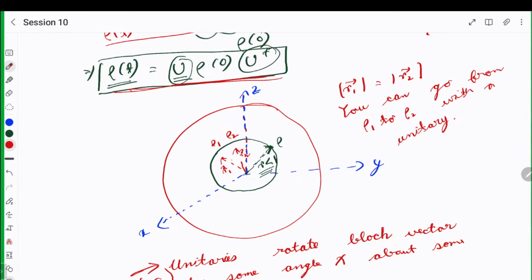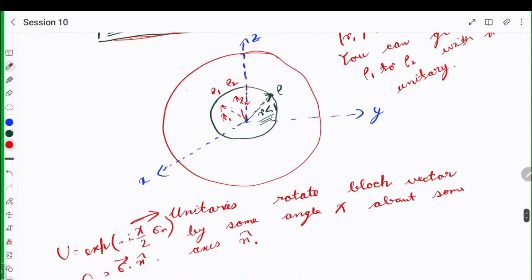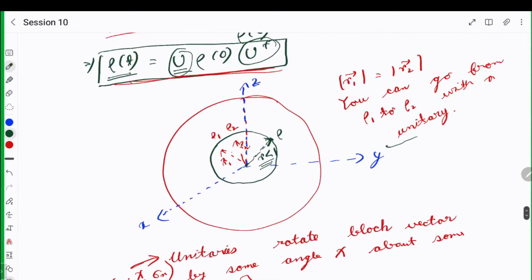Or in other words, rho 1 and rho 2 are unitarily connected.